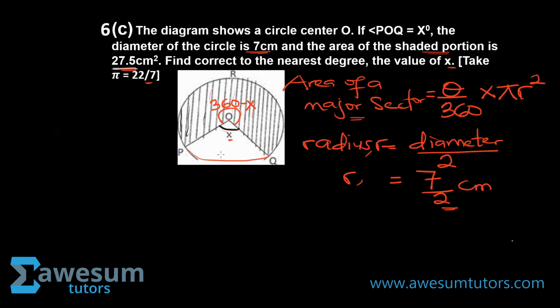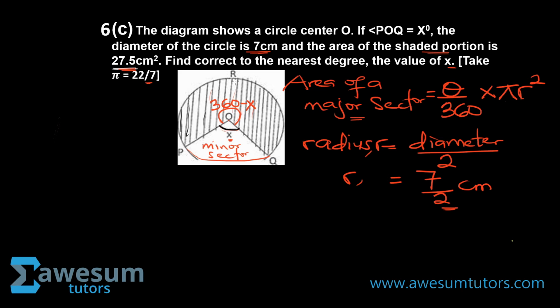That's the small sector that is not shaded. But in this question we are considering this major sector, this shaded one. So the angle is going to be this side, and since the angle at a point is 360, you already know this one to be x, so the other part is going to be 360 minus x. I hope you guys get that now.